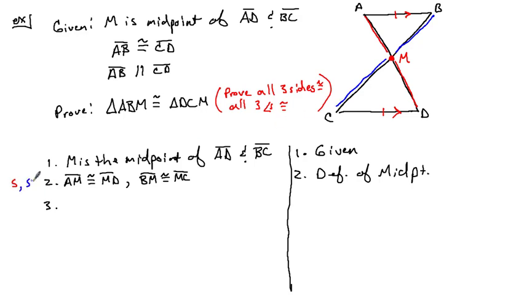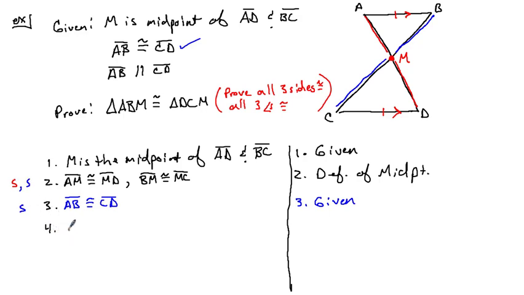So we've done two of the sides, right? Just makes sense that let's go ahead and do the third side. So the third side is AB and CD. So we're going to say that AB is congruent to CD, and we don't have any special reason because that was given to us. So this is given. So that's an example how using your given later is just as good as using it all at once. So now we've said all three sides.